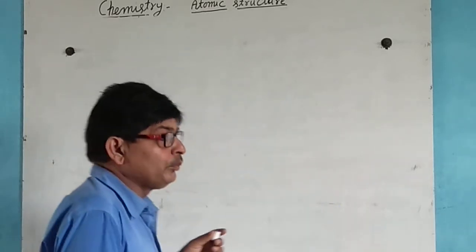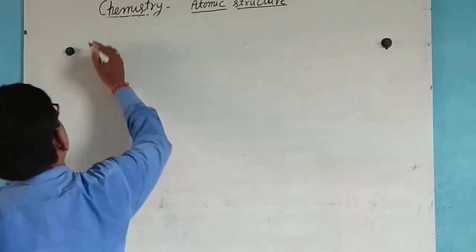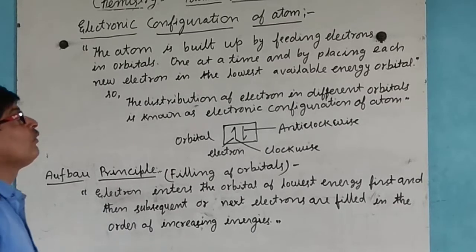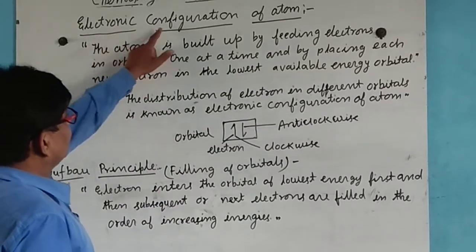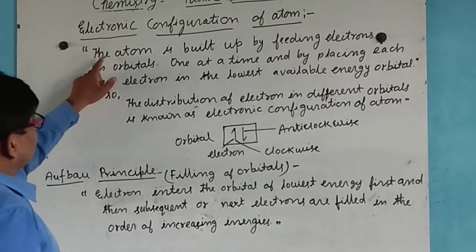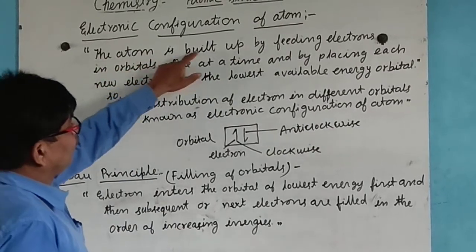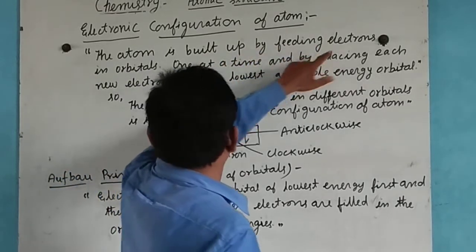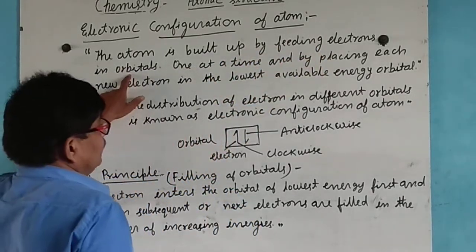Electronic configuration of atom. The atom is built up by feeding electrons in orbitals.